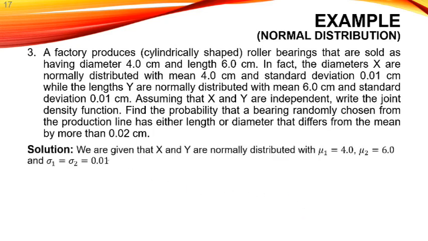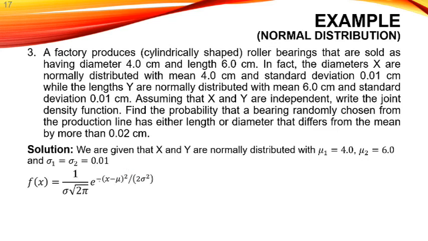So ang solution, given that x and y are normally distributed, we have mean mu sub 1 equal to 4 centimeters para doon sa diameter and mu sub 2 is 6 centimeters para doon sa length, and the standard deviation of both is 0.01 centimeters.